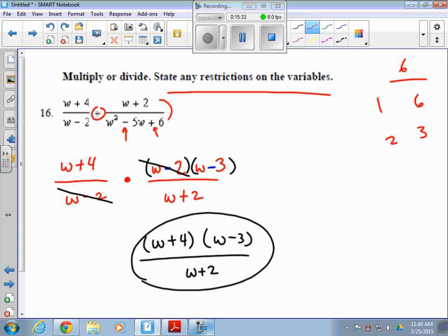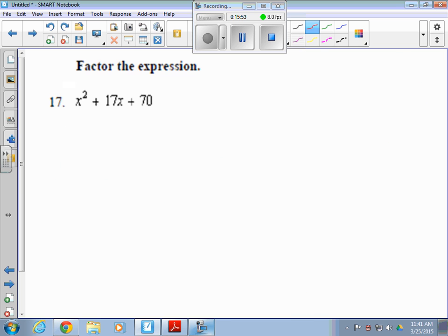So the only number that you can combine with 2 that gives you the number 0 is -2. So W cannot be -2. That's the restriction. Every other number will work fine.